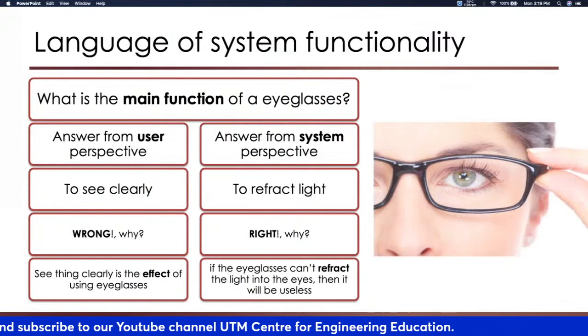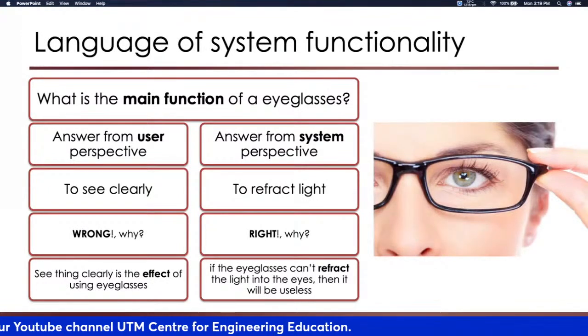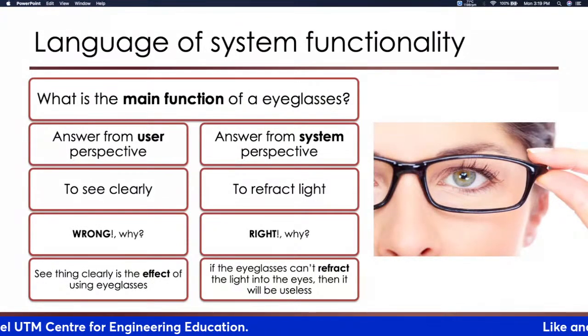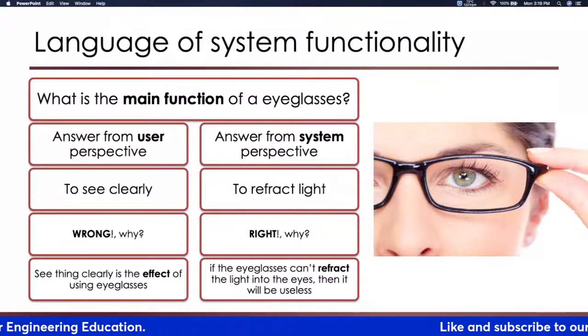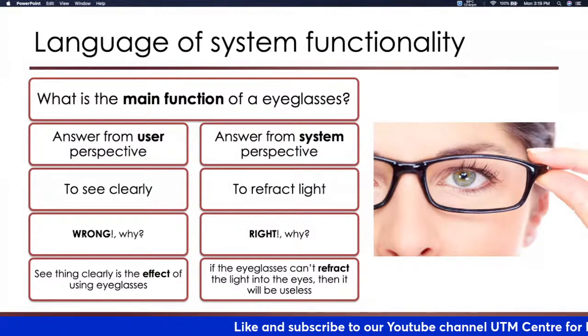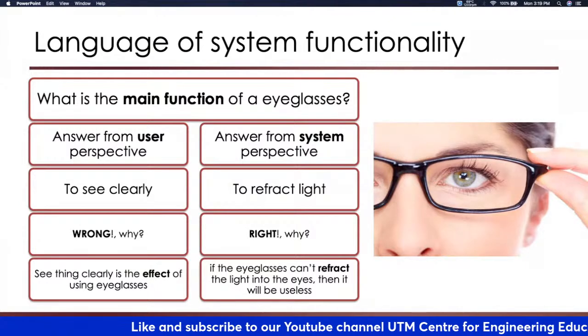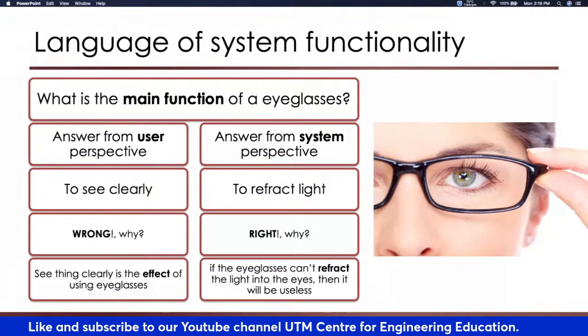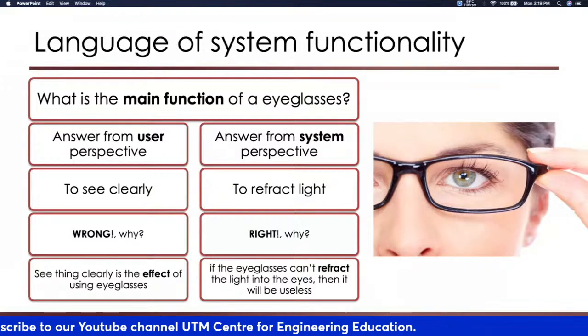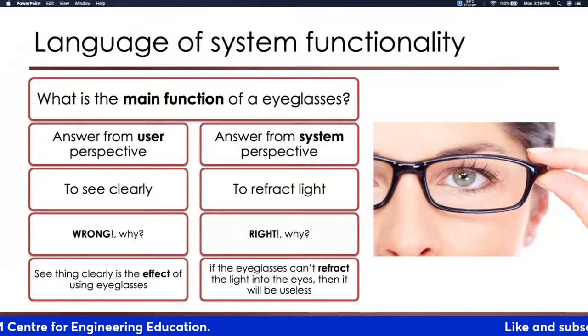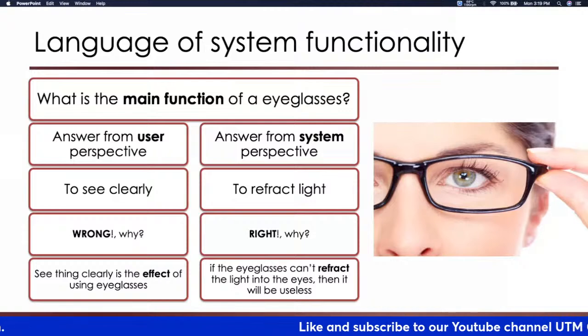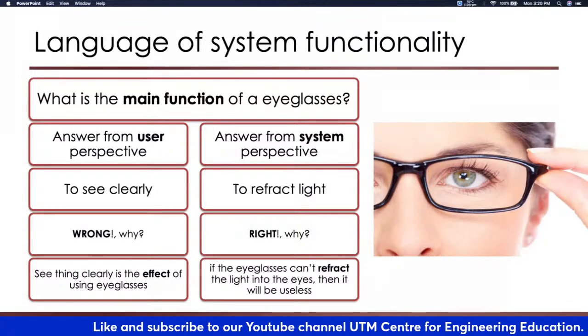Same with eyeglasses. So what is the main function of eyeglasses? If you ask normal people, they will say that eyeglasses are to see clearly. So to see clearly is the effect of wearing eyeglasses. The thing that makes you see clearly is that the glasses are able to reflect light.